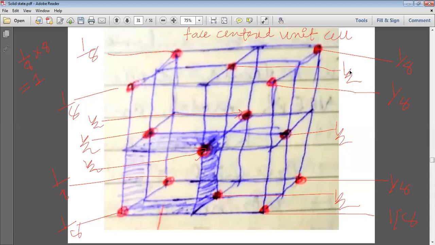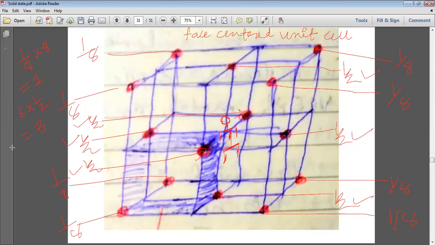Suppose you are standing over here and you are looking at yourself. So my left hand side 1 by 2, my right hand side 1 by 2, that is two faces. Then my front 1 by 2 and my back 1 by 2, and then my above 1 by 2 and my below 1 by 2. So there are 6 times 1 by 2, that is equal to 3.